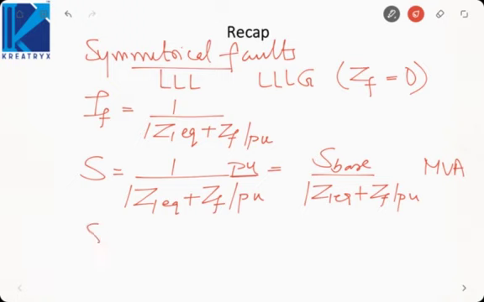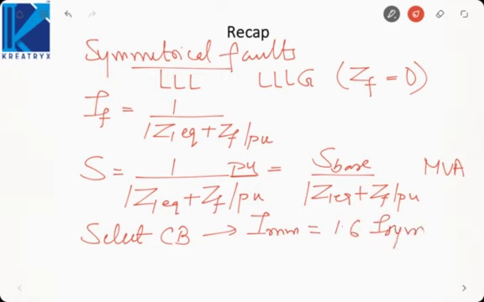Here we also saw how to select circuit breaker. We saw two ratings. One was the maximum momentary current, which we were taking 1.6 into I symmetrical. Other we saw the breaking current, in which we took speed factor into I symmetrical.